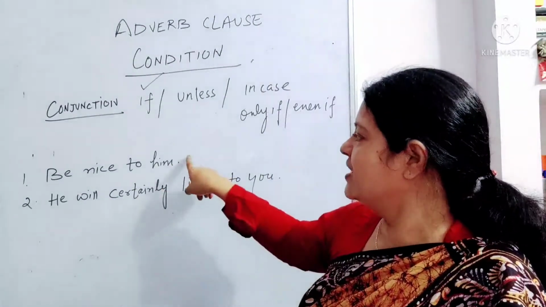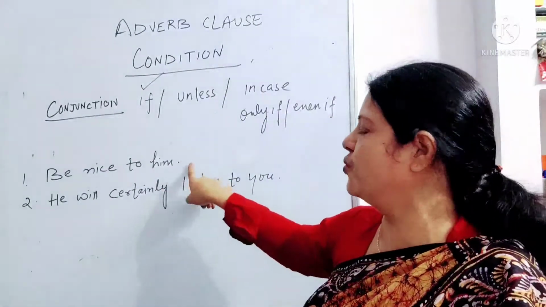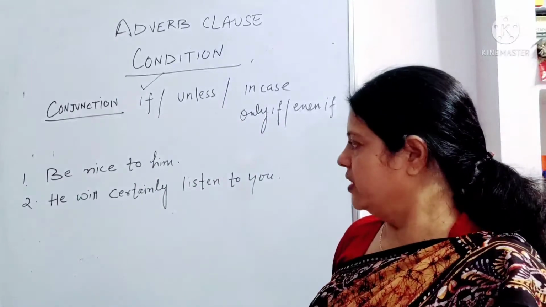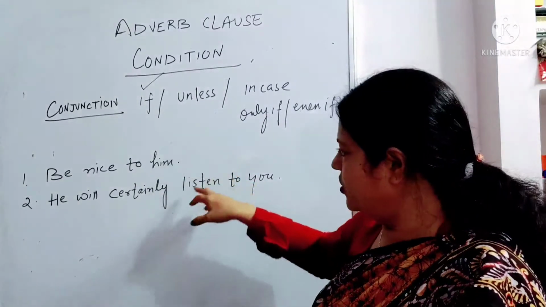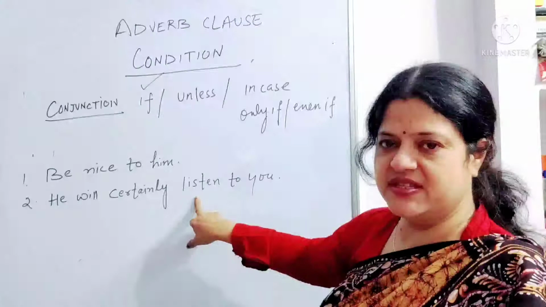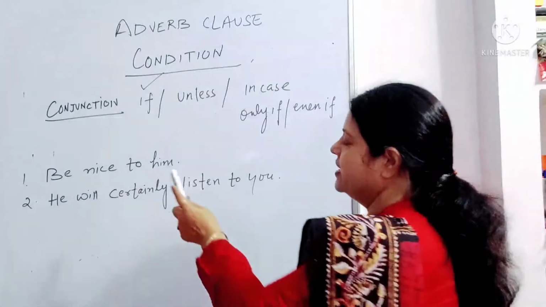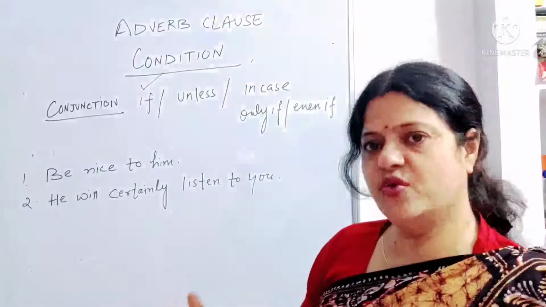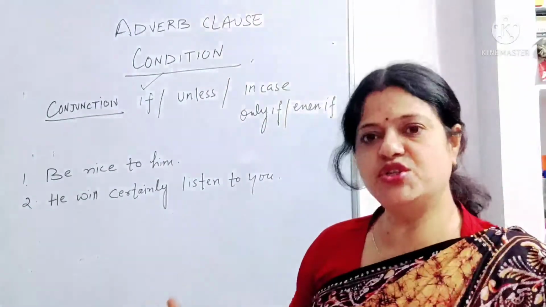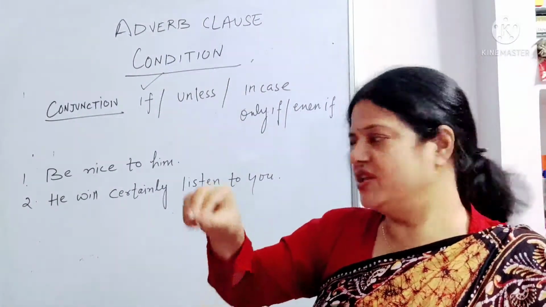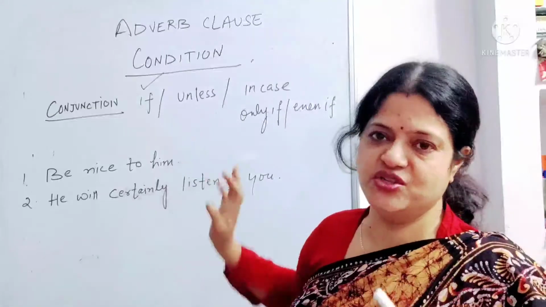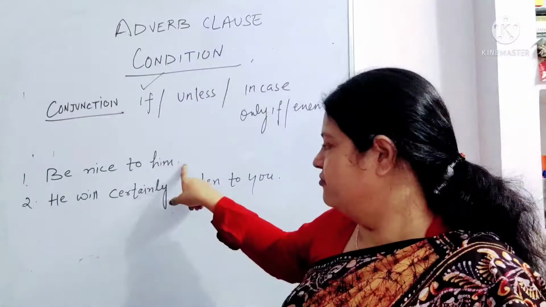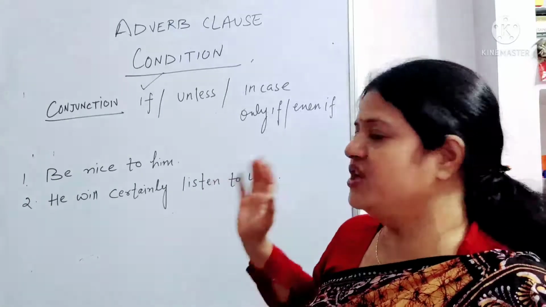So, we see that the first sentence is showing condition. Upon this condition, the other thing is based. It means that he is going to certainly listen to you. On which condition? The condition is that if you be nice to him. So this first sentence is showing condition.